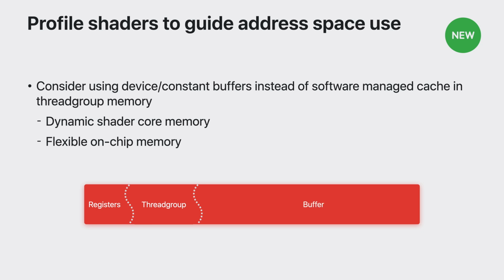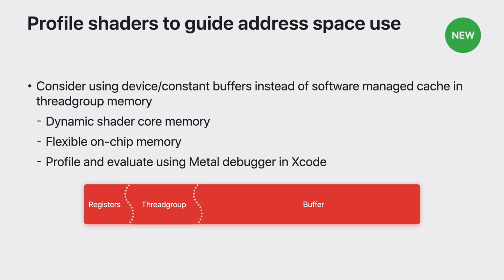So, if your working set size fits in the cache, then both the buffer and thread group memory access might have similar performance characteristics. In those cases, instead of creating copies of memory in thread group and device or constant address space, the shader can just operate with the device or constant buffers and avoid the latencies involved with copying to thread group memory.